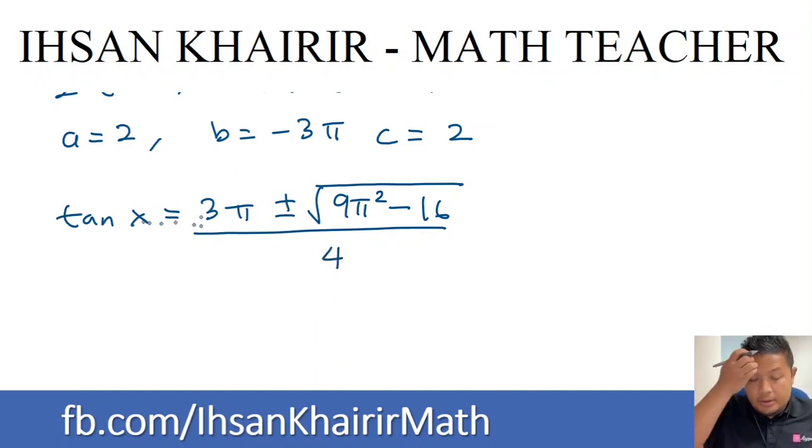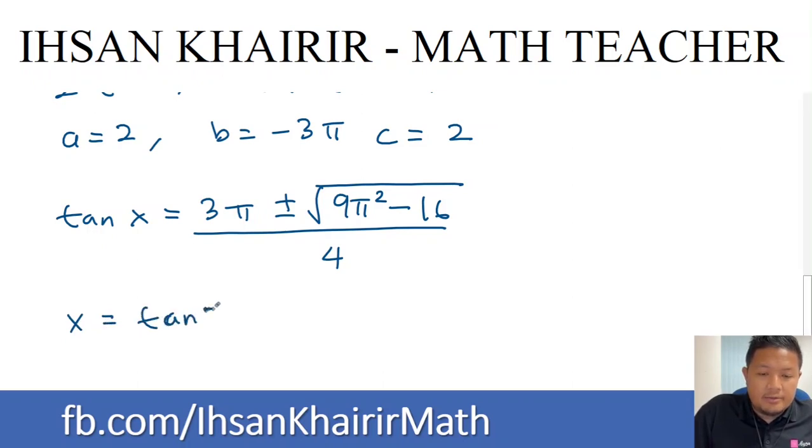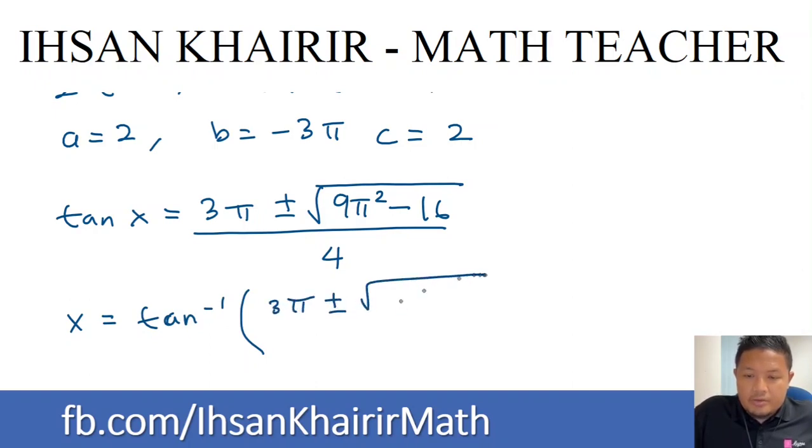Now we want to do an inverse tangent so that we can get the value of x. So x here is the inverse tangent of 3 pi plus minus the square root of 9 pi squared minus 16, over 4.